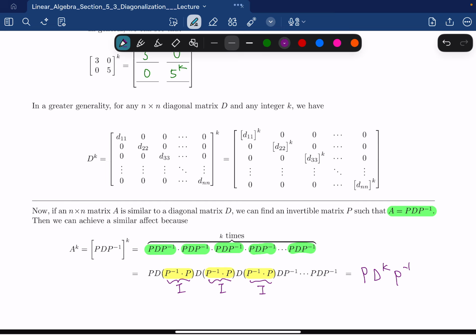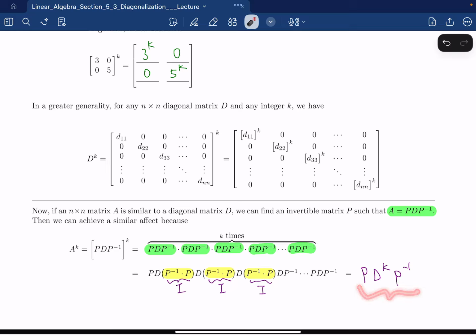And we know the diagonal matrix can be calculated with an exponent just by taking the same exponent of each diagonal entry of the matrix D. So that makes this calculation a lot simpler compared to the calculation of A, because A is just some random matrix that is similar to a diagonal matrix D. So the structure of A is a lot more free in some sense. Okay, so this is the motivation behind finding a matrix A that is similar to a diagonal matrix D.